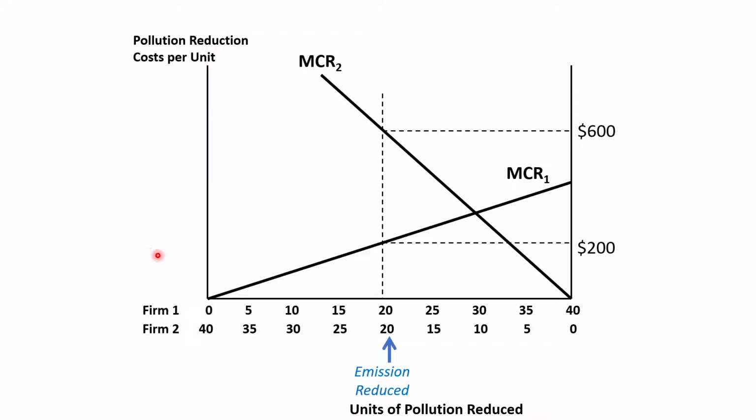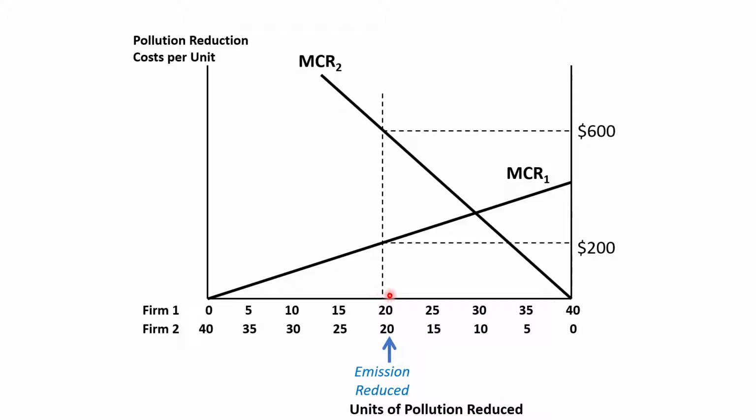With an emission standard, we will apply the same criteria for both firms, which means that we will require firm 1 to reduce 20 tons and firm 2 to also reduce 20 tons. Now to calculate the total cost of each firm at fulfilling their obligations, we have to look at the marginal cost of reduction at the 20th ton.